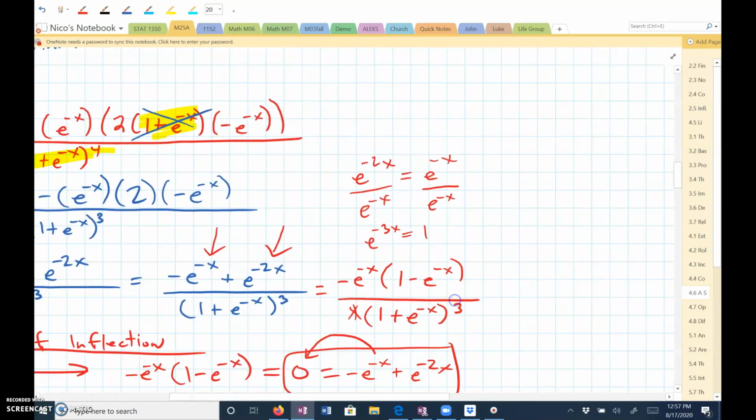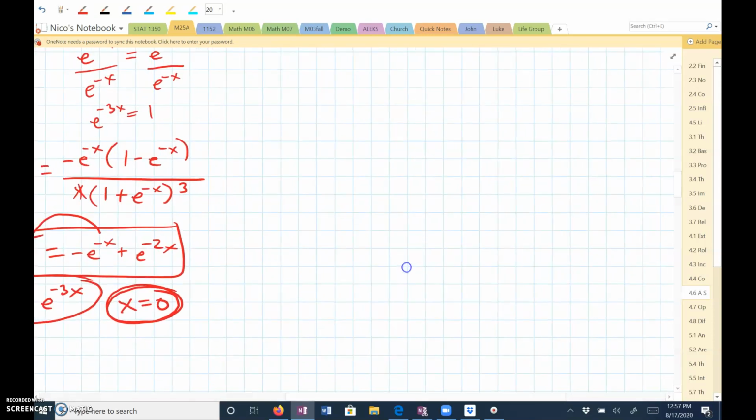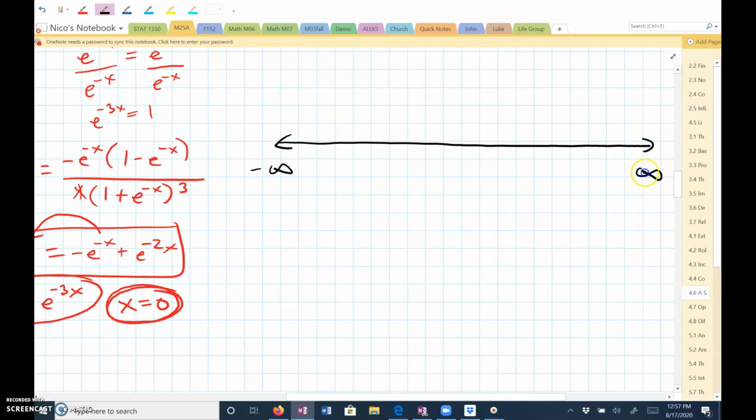So what I'm going to do, we know our domain is all reals. We know our possible point of inflection is at 0. So we need to test this interval and this interval.